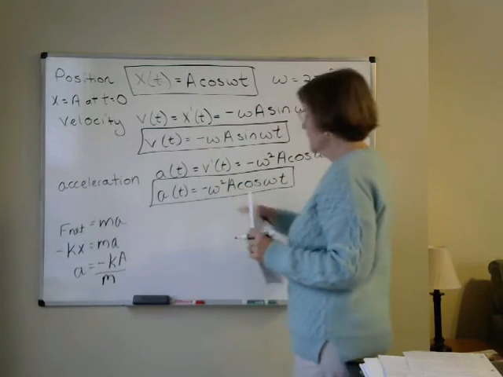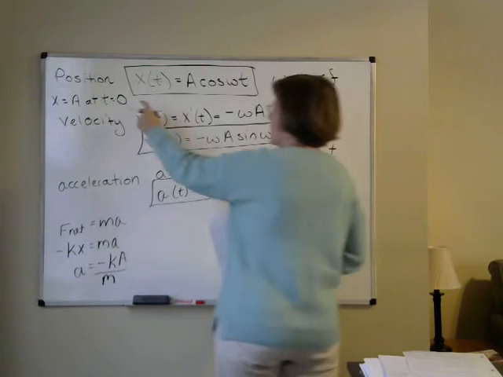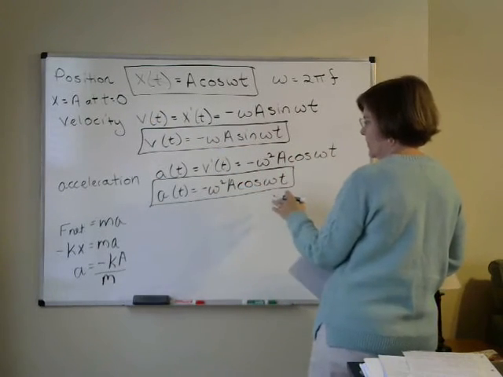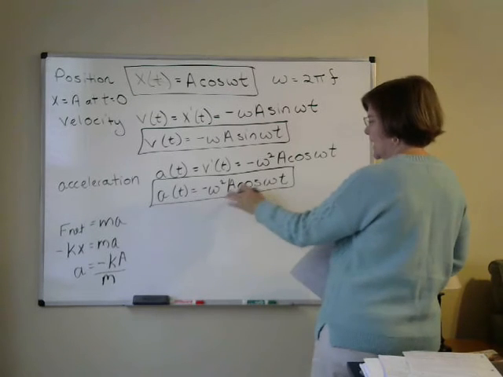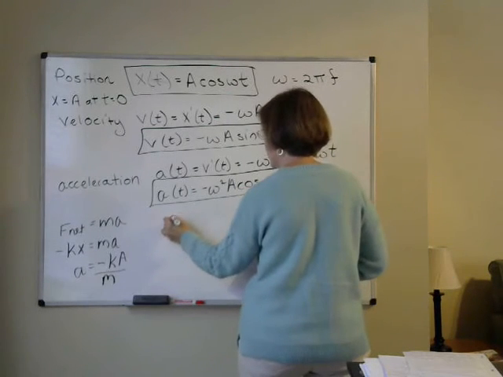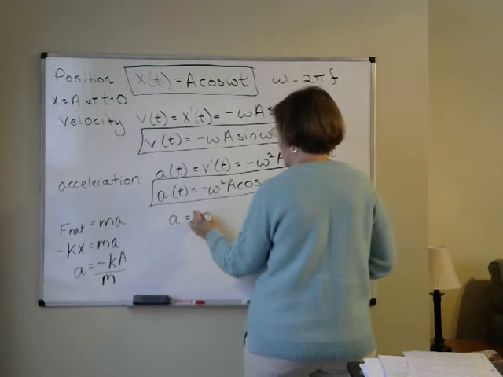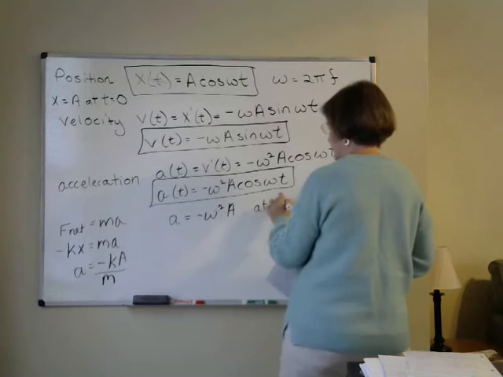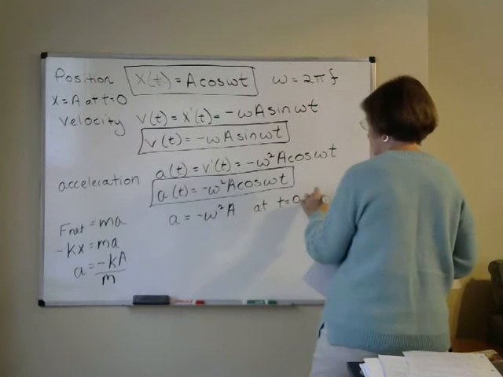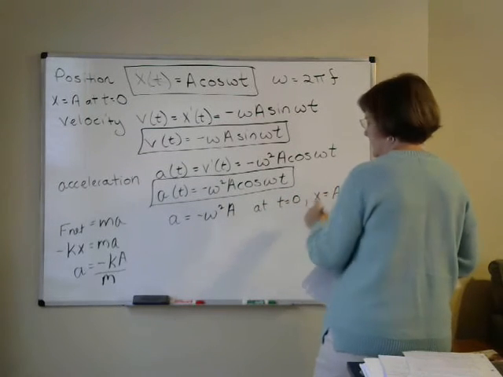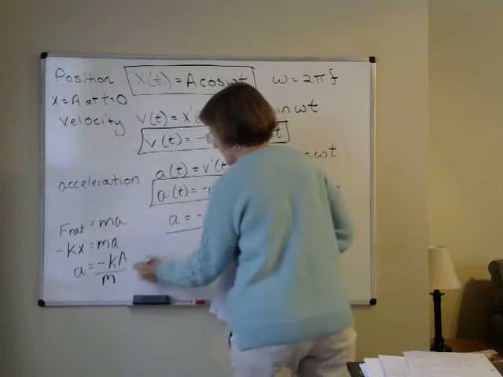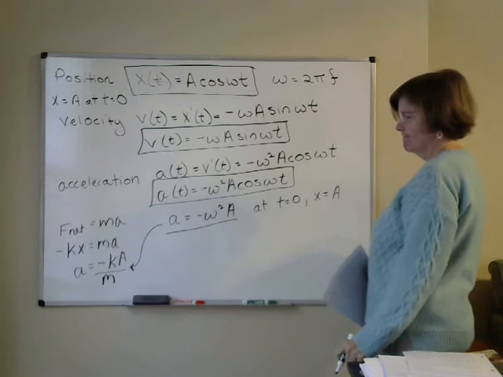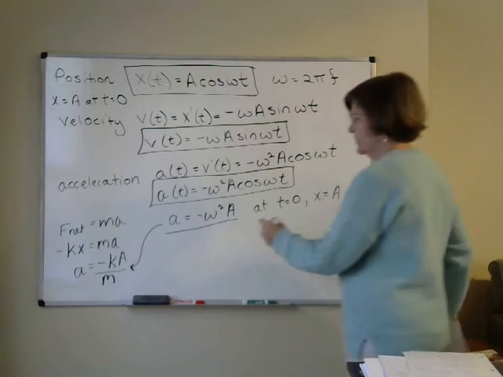But look here. We know that at t equals 0, x is equal to A. If I plug in t equals 0, which is going to be at x equals A, I get the acceleration must equal negative omega squared A. This has to equal this. That's a good relationship.